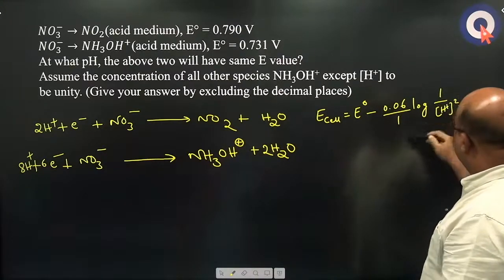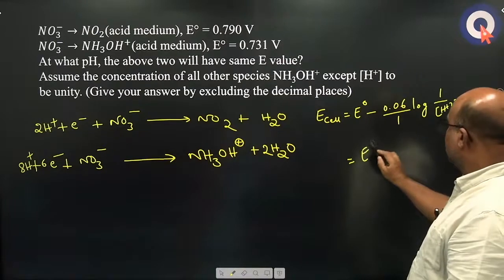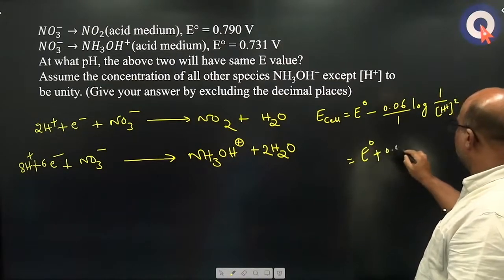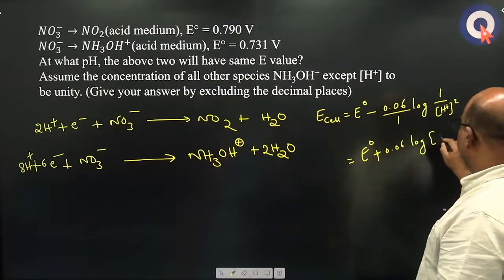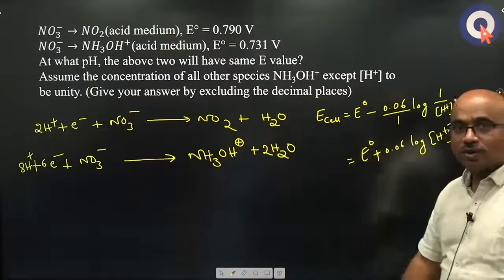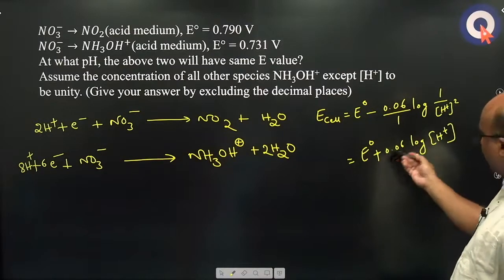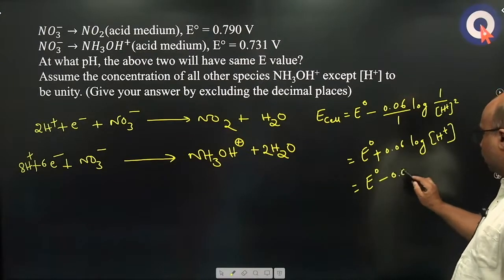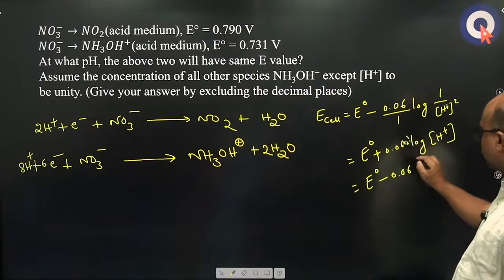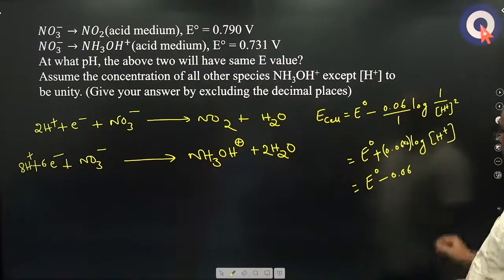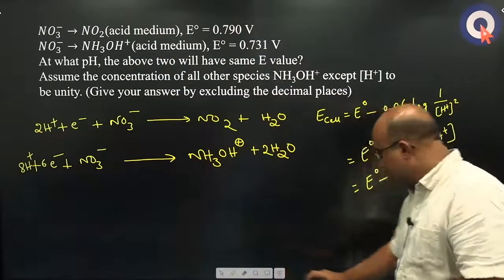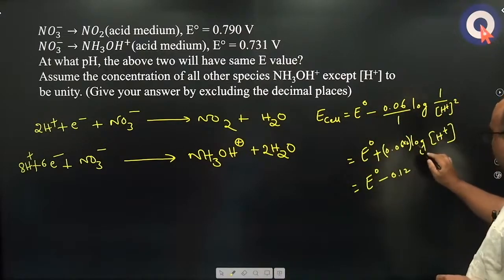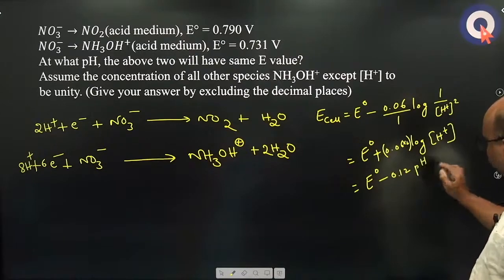So otherwise you can take it like this. E naught, suppose taken in the numerator, it becomes plus 0.06 log of H plus. But if you use the minus symbol and take it in this, it is nothing but E naught minus 0.06 into 2. This is 0.12 I write directly. This minus, if you take it in this, is nothing but pH.